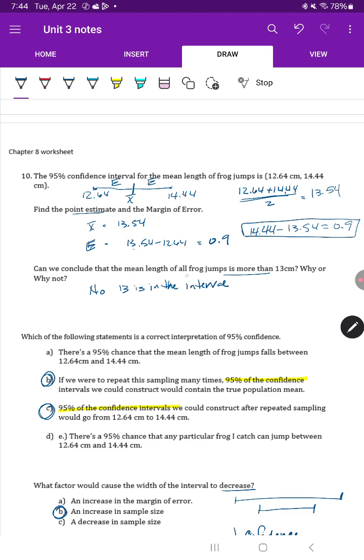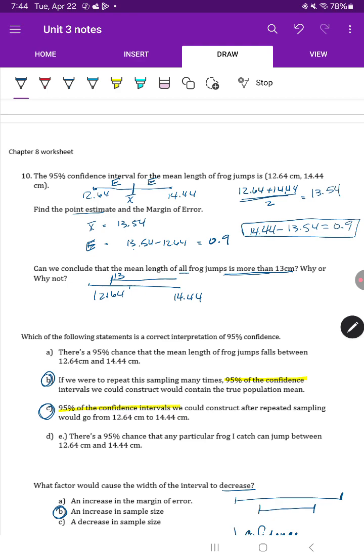Can we conclude that the mean length of all frog jumps is more than 13 centimeters? Well, if we look, our interval went from 12.64 to 14.44. Let me write this up. 12.64 to 14.44. Well, 13 is here.